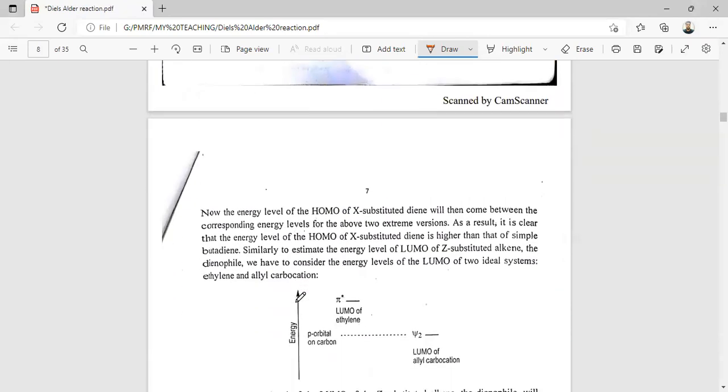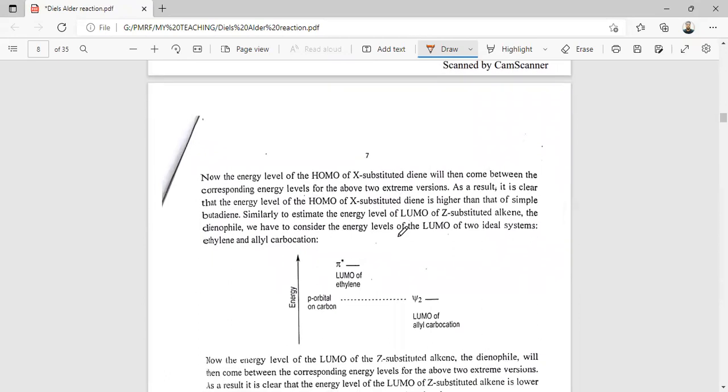So the energy level of the HOMO of the X substituted diene will come between the corresponding energy levels for the above two extremes. As a result, it is clear that the HOMO of the X substituted diene is higher than that of simple butadiene.